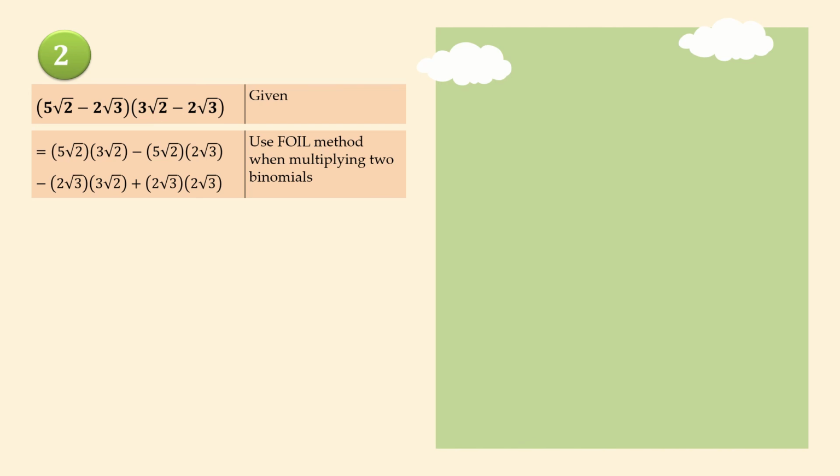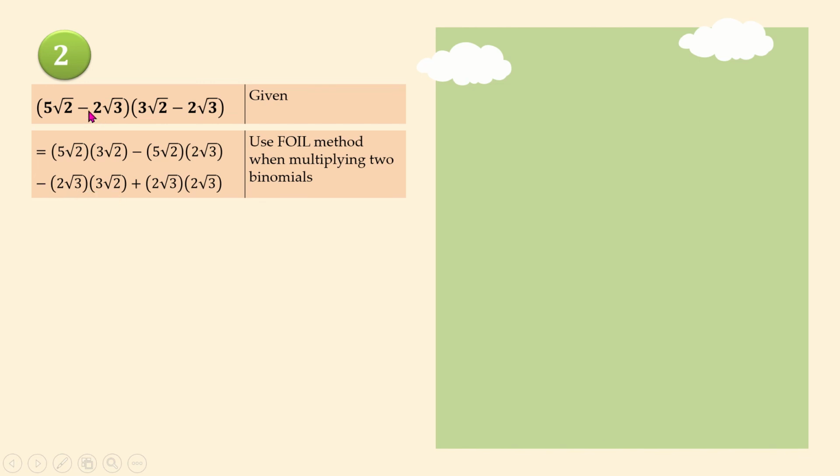Next, outer times outer: 5 square root of 2 times negative 2 square root of 3. Positive times negative is minus 5 square root of 2 times 2 square root of 3. Next, inner: negative 2 square root of 3 times 3 square root of 2. Negative times positive, so minus 2 square root of 3 times 3 square root of 2.